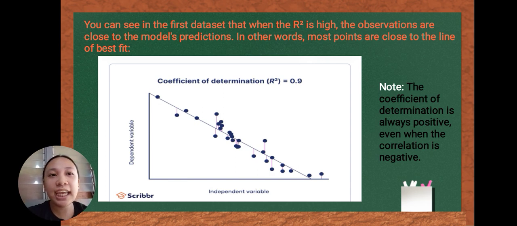You can see in the first data set that when the R squared is high, the observations are close to the model's predictions. In other words, most points are close to the line of best fit. Note, the coefficient of determination is always positive, even when the correlation is negative.